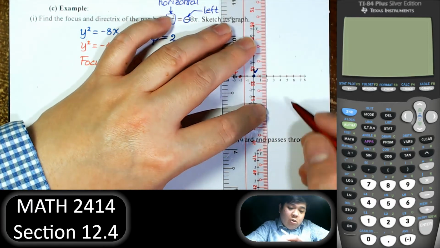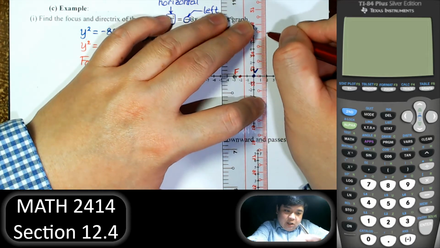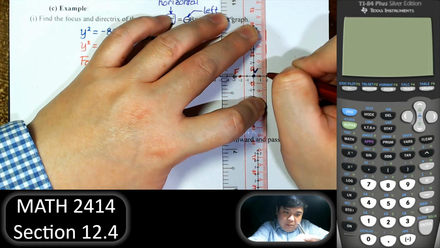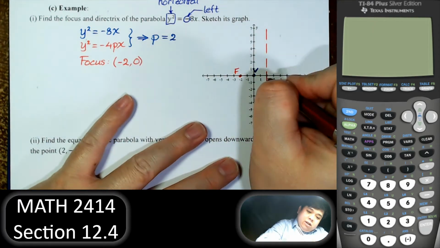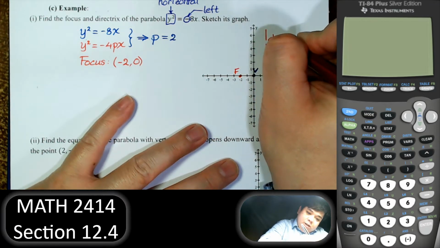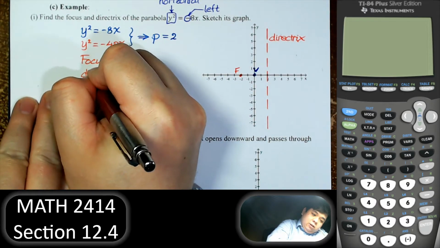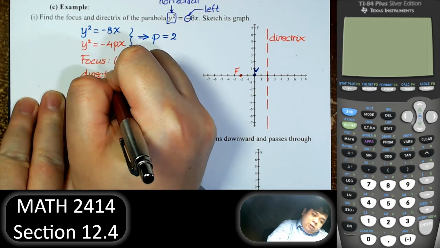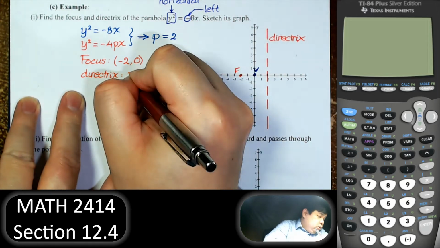And since this is horizontal, the directrix is going to be the vertical line at 2. So this equation is x equal to 2.